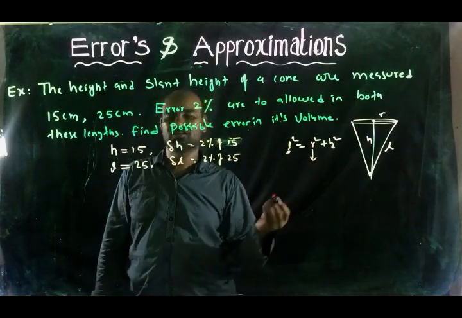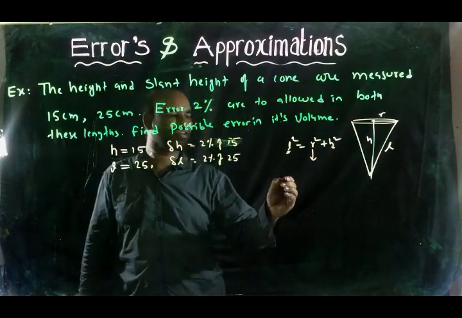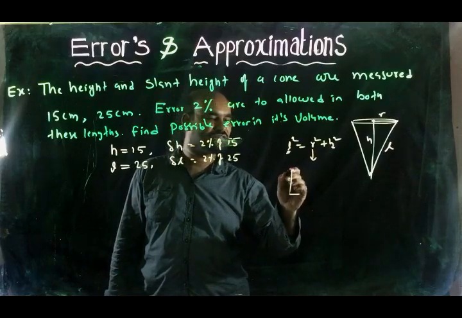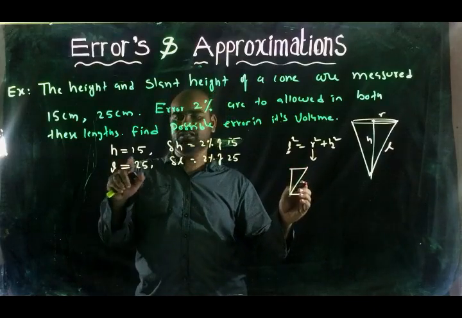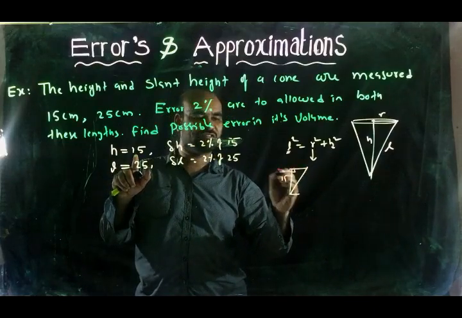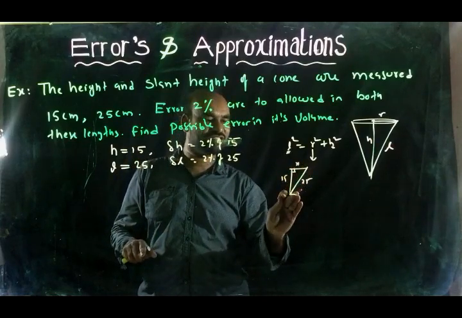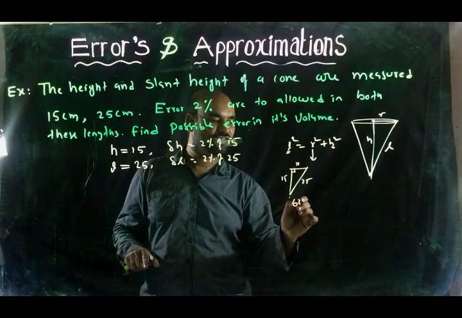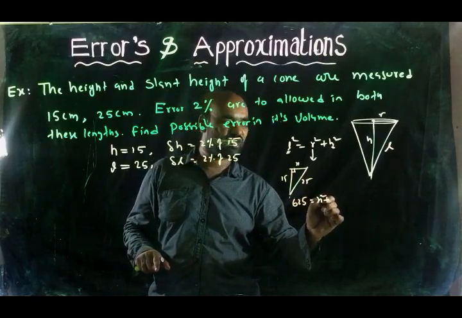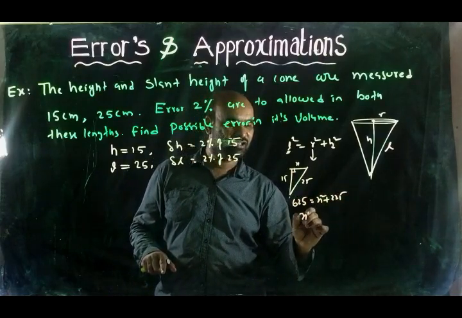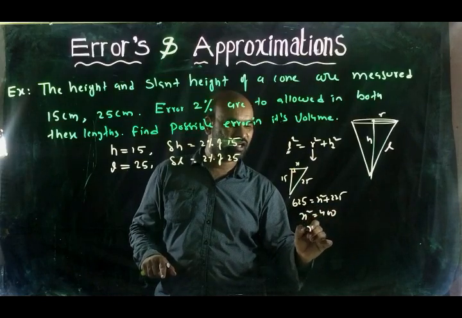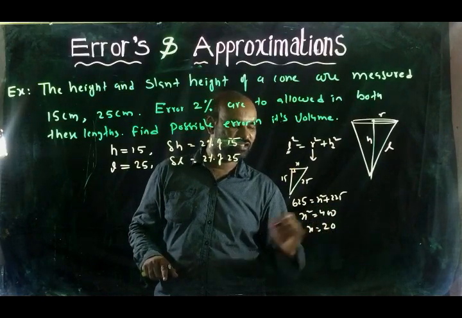So indirectly by using this right triangle, height is given as 15, this is given as 25, this is say x. 625 equal to x square plus 225, x square equal to 400, x equal to 20.